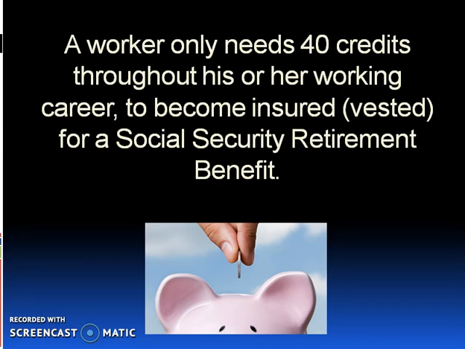That means that for retirement benefits, anyone born in 1929 or later needs 10 years of work, 4 credits per year, for a total of 40 credits to be eligible. You earn 4 credits per year, and I will get into the details of those in a second.